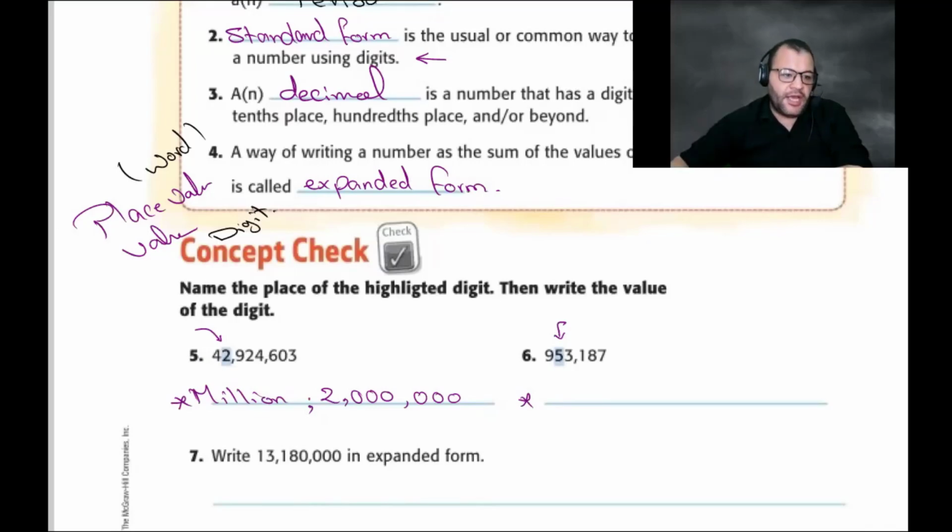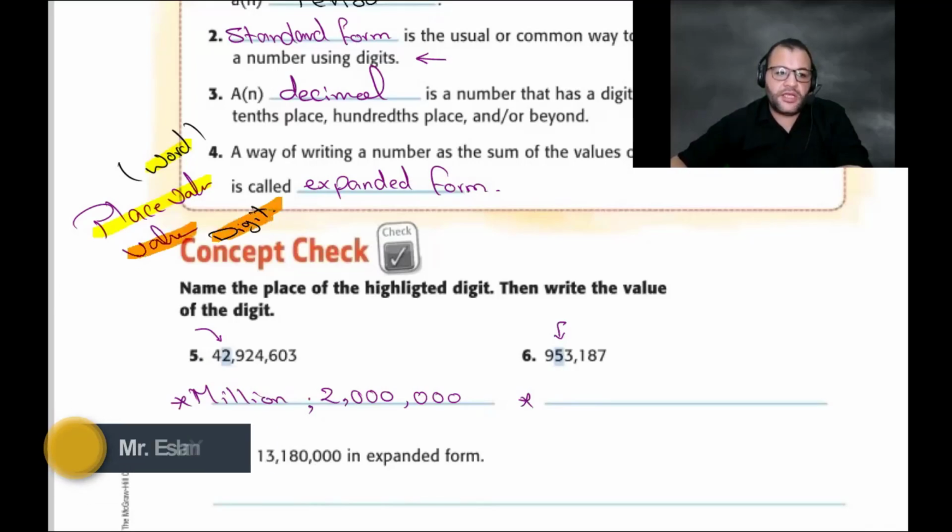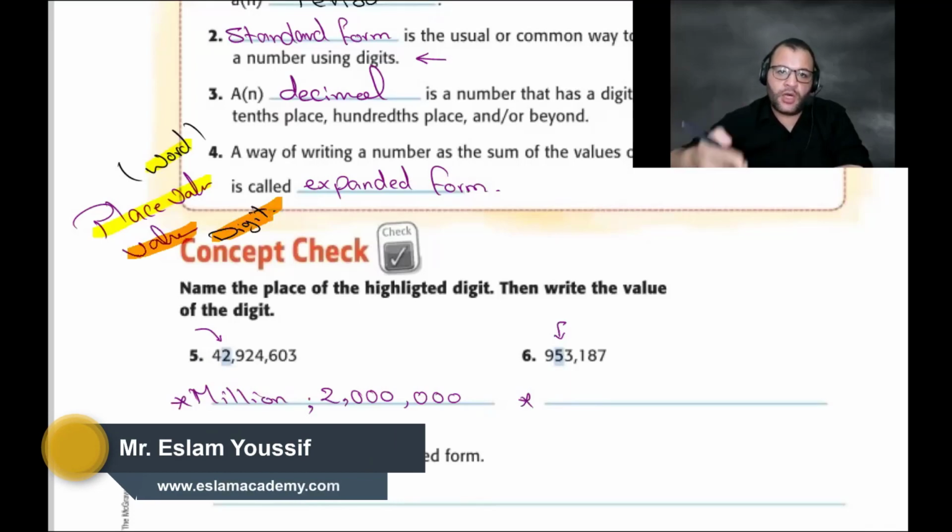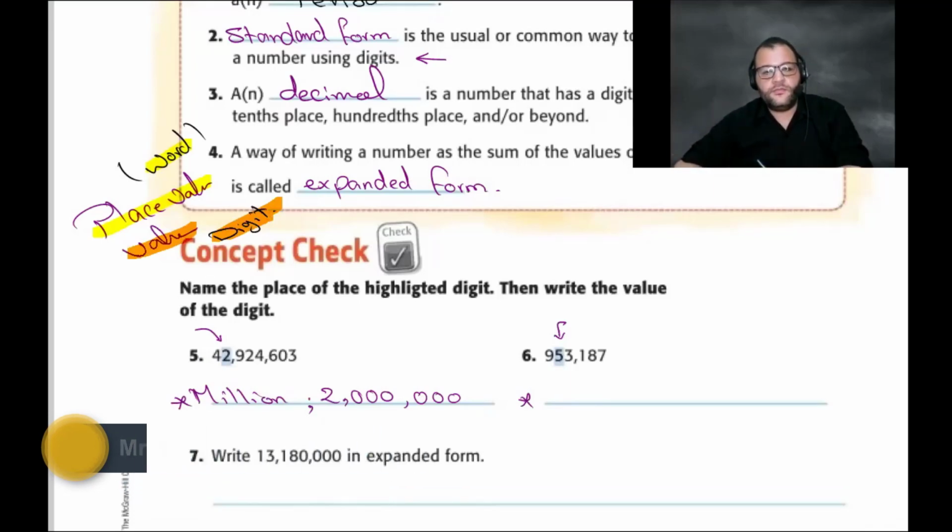There is a difference. Again, place value means I need the answer to be in words, like ones, tens, 100, 1,000, 10,000, and so on. If I need the value, it means I need the answer to be in digits. What is the meaning of digits? It means 2, 20, 200, 2,000, 20,000, 200,000, and so on. You remember the place value chart?